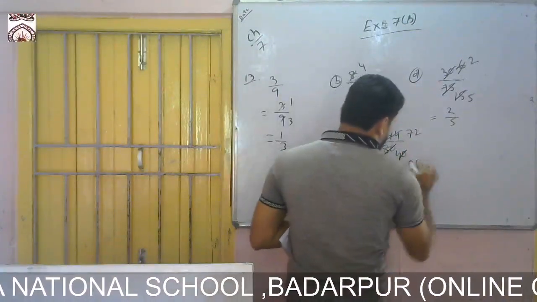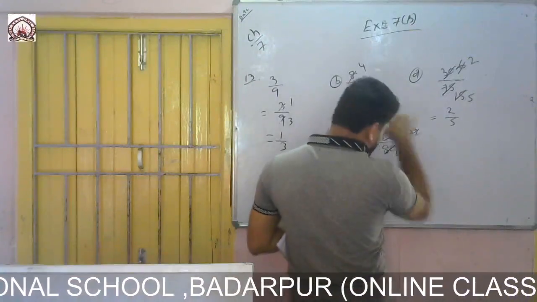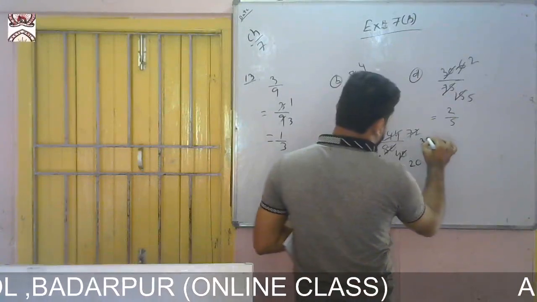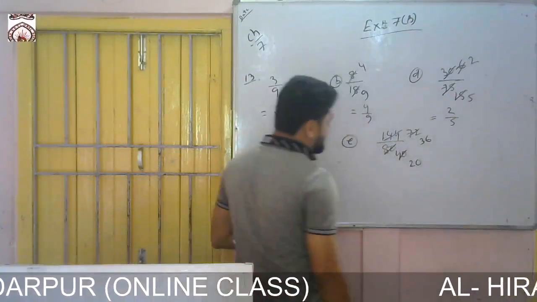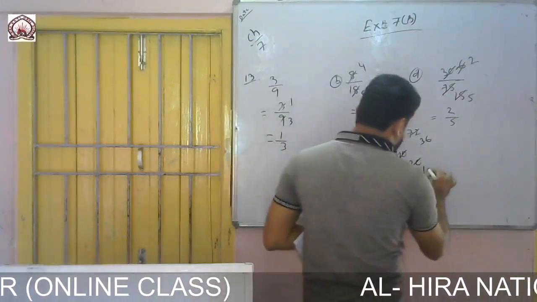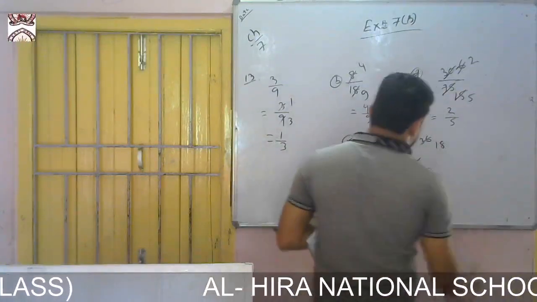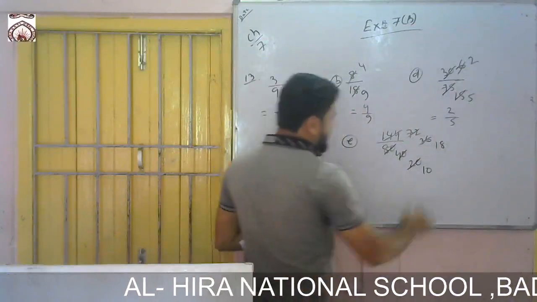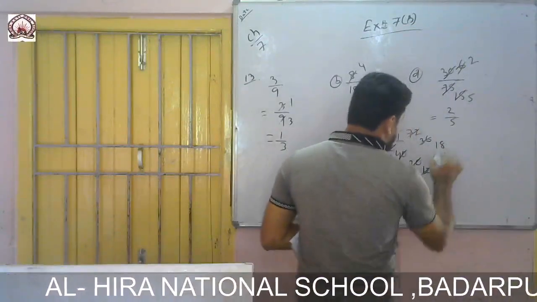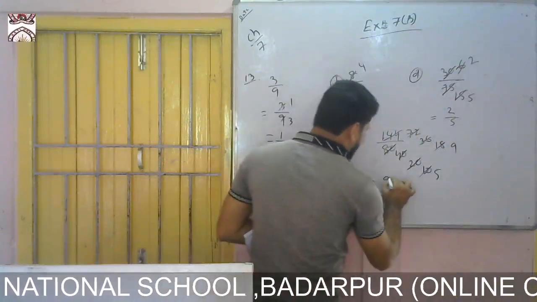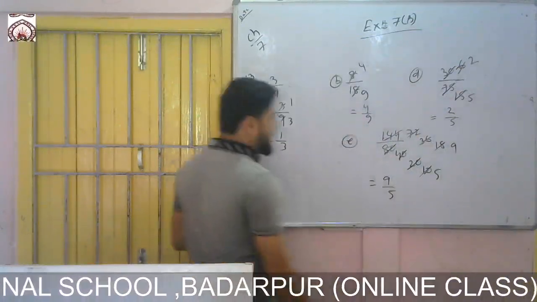Now 2 2s are 4, 2 3s are 6, then 6 2s are 12. Then 18 2s are 36. Then this one, 9. Now answer will be what? 9 by 5. I cannot divide further.